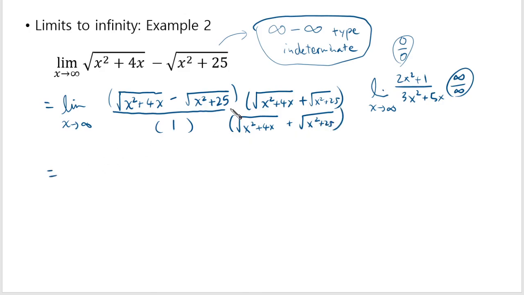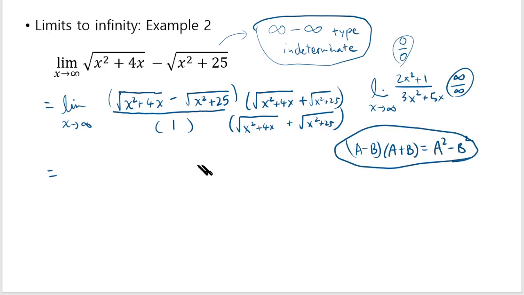The reason we multiply by the conjugate is because if we multiply a minus b times a plus b, there's this famous formula that says this times this gives you a squared minus b squared, right? So you're going to get the first thing squared, which is x squared plus 4x. The second thing squared, which is just x squared plus 25. See, all the square roots are gone because you squared it.